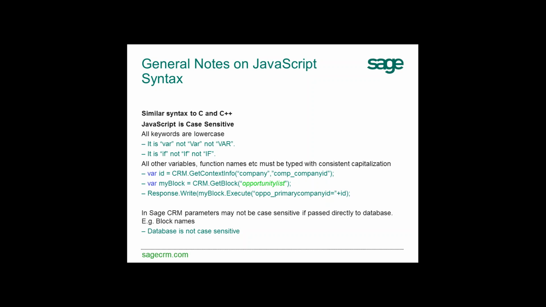Then you can define your variables in any way that you like. Now, JavaScript is case sensitive. If I wrote ID in capitals, it would be different from if I wrote it in lowercase. And if I reference the object CRM, it is uppercase inside the ASP pages, but if I write it inside the browser, crm is referenced in lowercase.